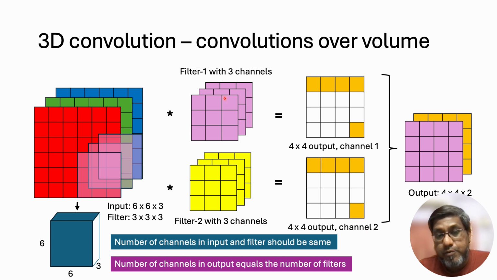So the output of filter 1 is channel 1, the output of filter 2 is channel 2, the output of filter 3 would be channel 3, the output of filter 4 would be channel 4, and so on. So we get an output whose dimension is 4 by 4 times the number of filters. The number of filters in this case is 2, filter 1 and filter 2. Therefore we have an output which is 4 by 4 by 2. That means the output has 2 channels.